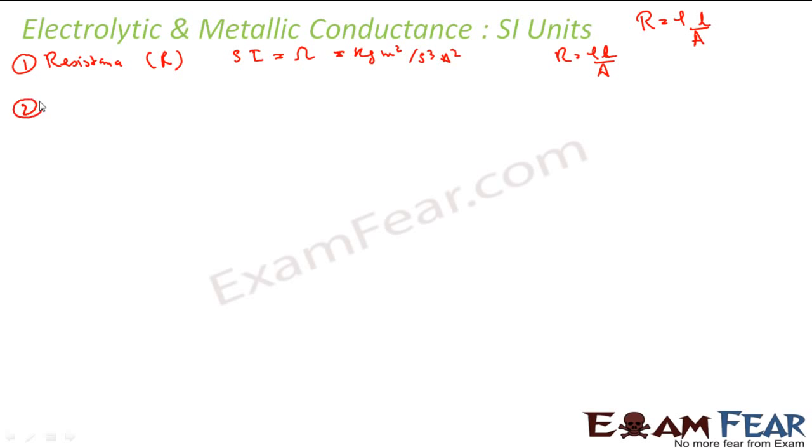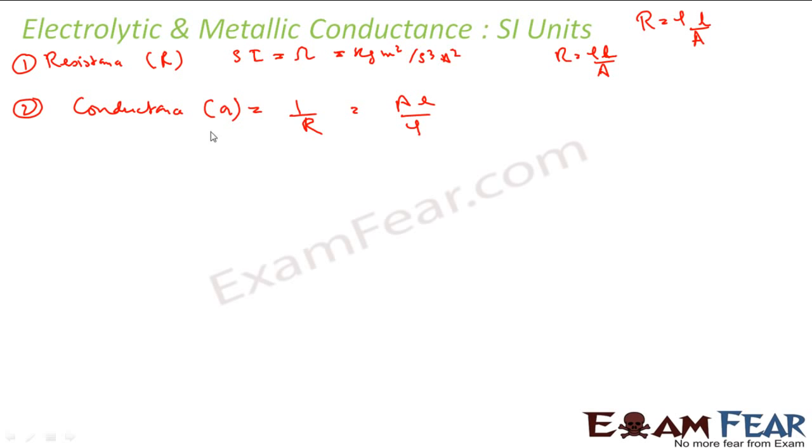The next is the opposite of resistance, that is conductance, denoted by G, that is nothing but 1 by R. And if you put the same formula, this becomes A by rho L. Correct?